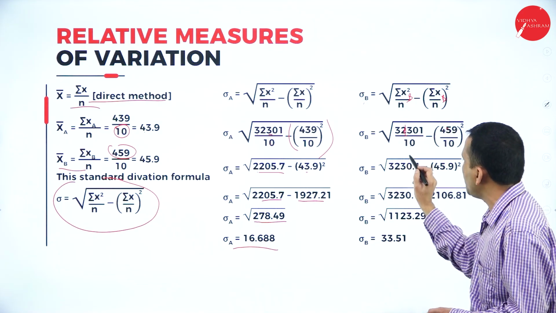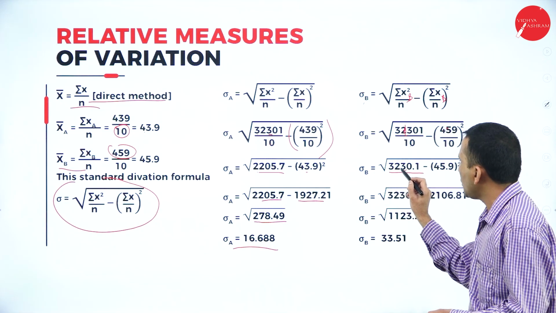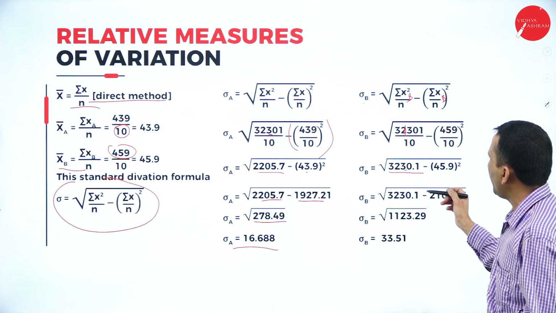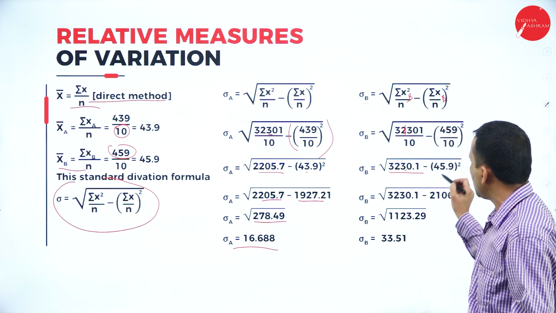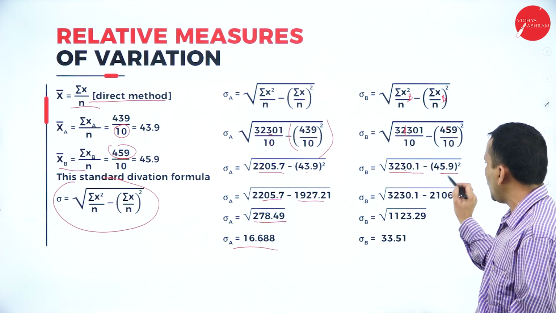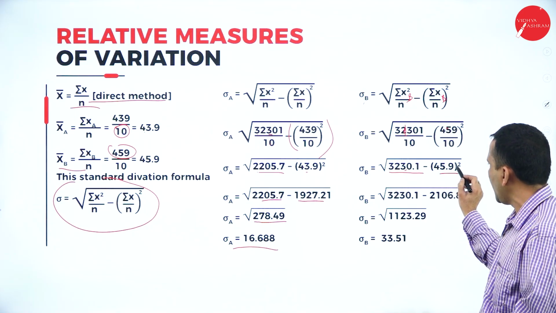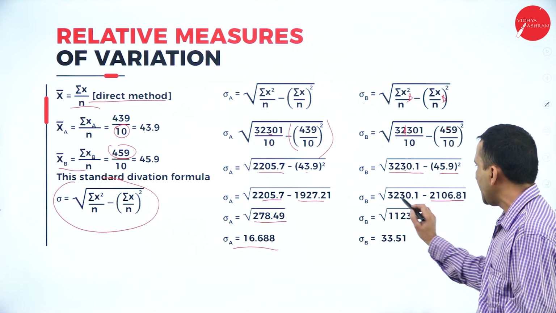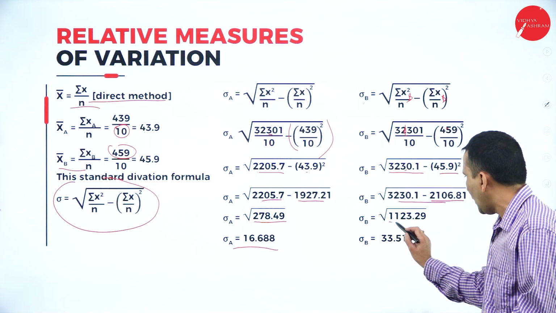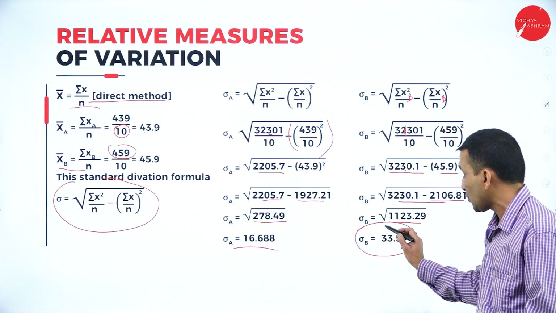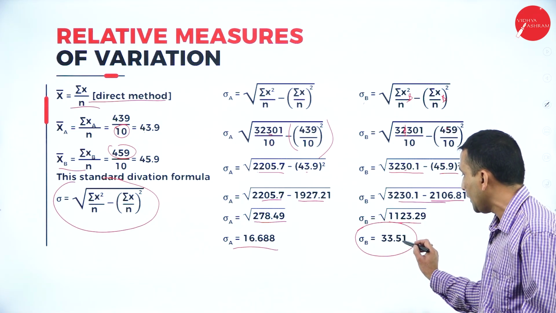First you have to simplify: we get 3,230. If you simplify one by one, we get this much from this and this much from that. Now you have to remove the square root: 45.9 into 45.9 gives 2106.8. Once you subtract, you get 1123.29. Now remove the square root, and we get 33.57.